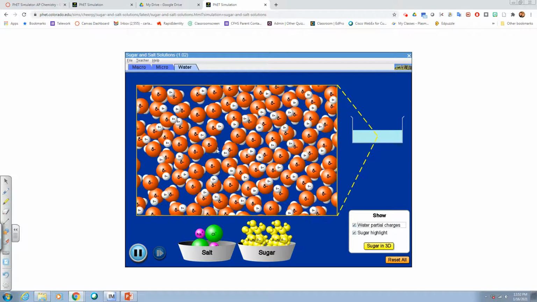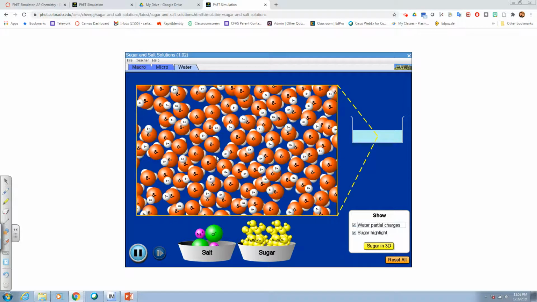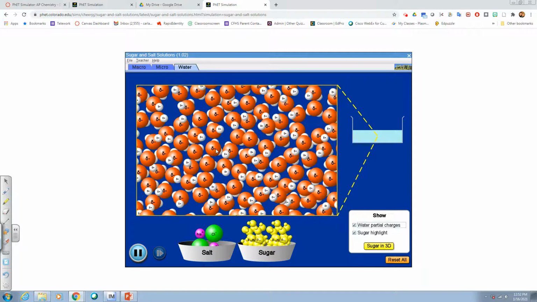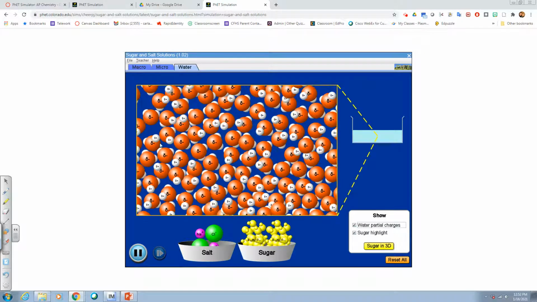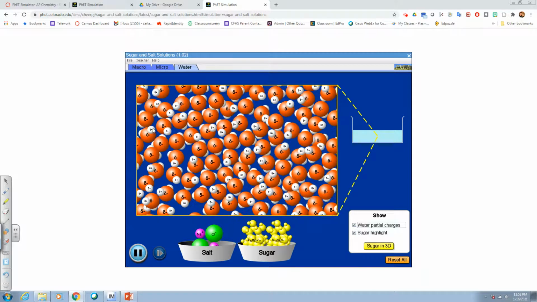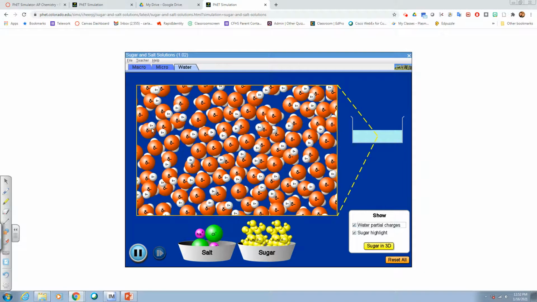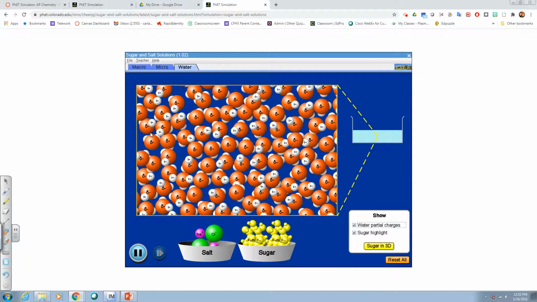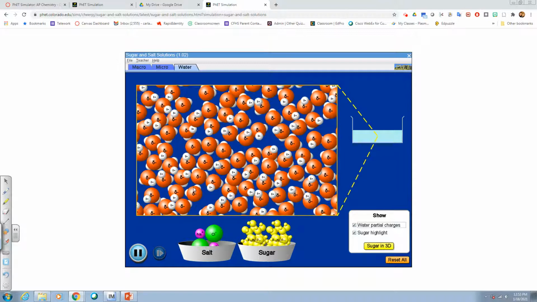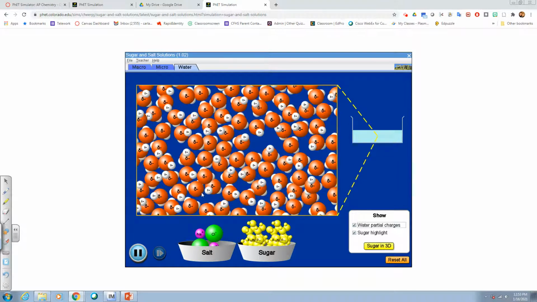So the little white hydrogens are coming off kind of like little hands, if you will, that could grab on. If you look really closely at the white ones, you'll see they have partial positive charges, because hydrogen tends to have a partially positive end, and oxygen tends to form negative ions, so it would have a partially negative end, as there is a dipole, or an uneven distribution of the electrons here.